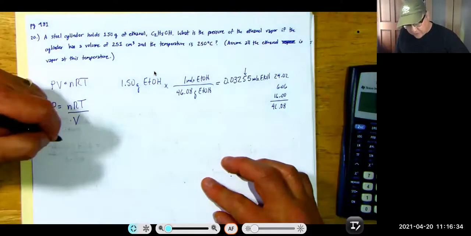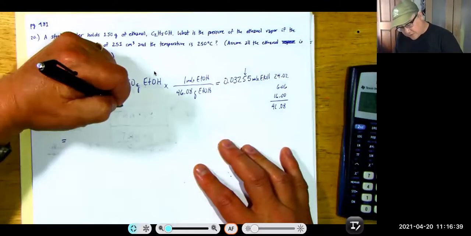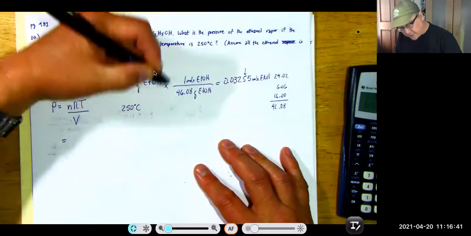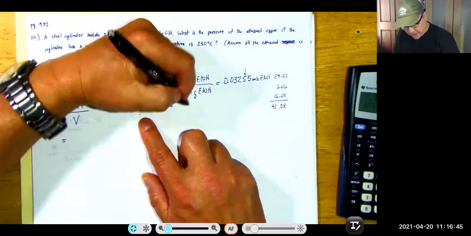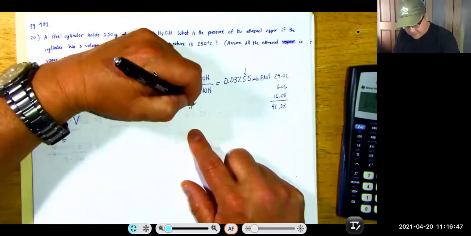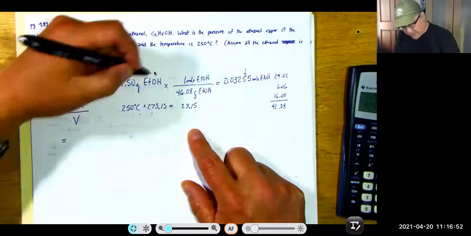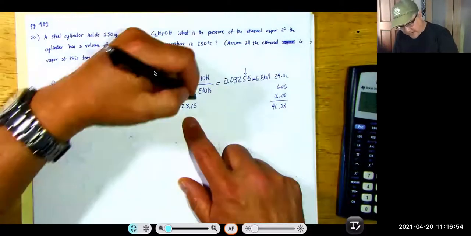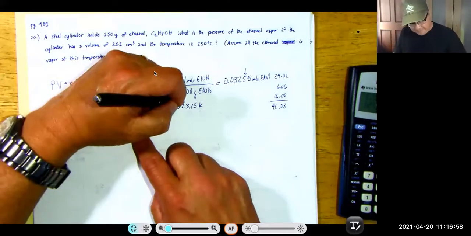Now all we need to do is plug the rest of this in here. Remember, for the temperature, we have 250 degrees Celsius plus 273.15, which is equal to 523.15 K. Because this is good to the tenth, this is good to the tenth.